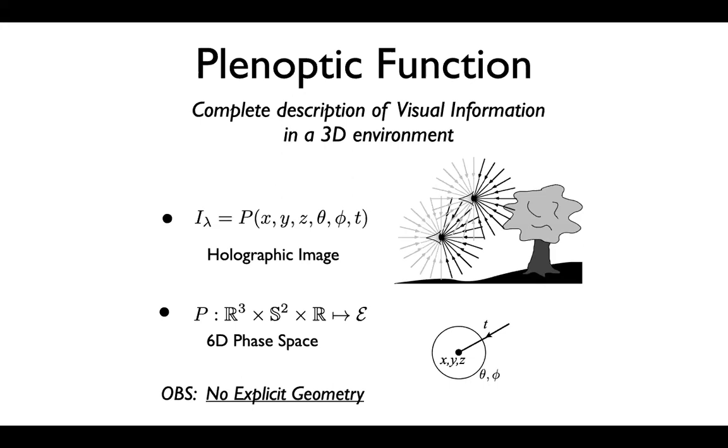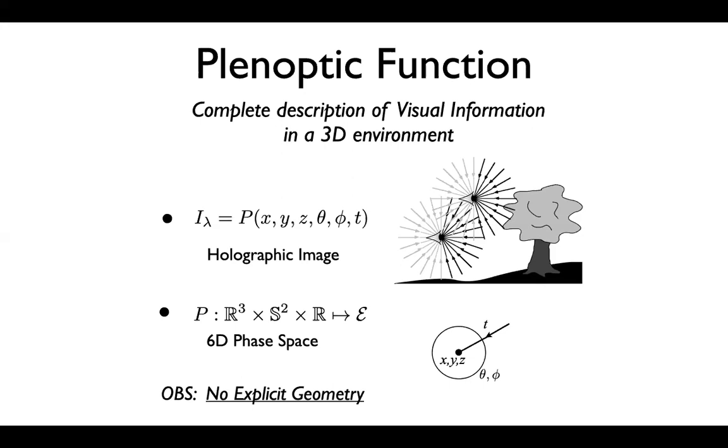So the plenoptic function is a function that has dimension. The domain is a 6D phase space: the ambient space, R3, the sphere, S2, and time, R. And this returns the radiant energy, so it's a spectral radiation.